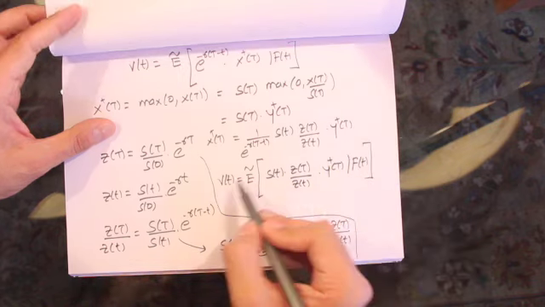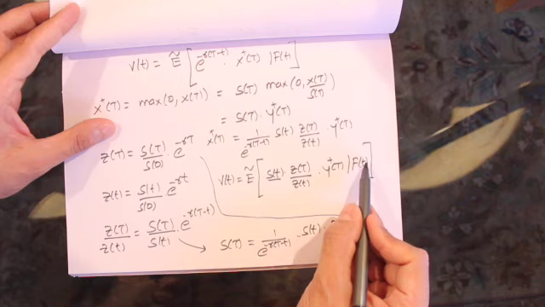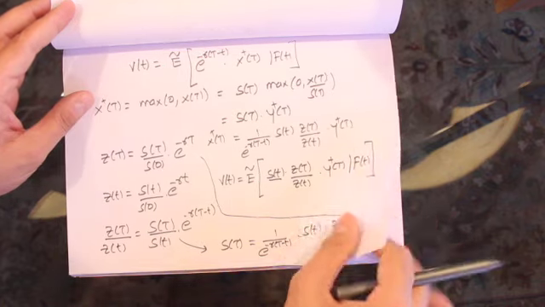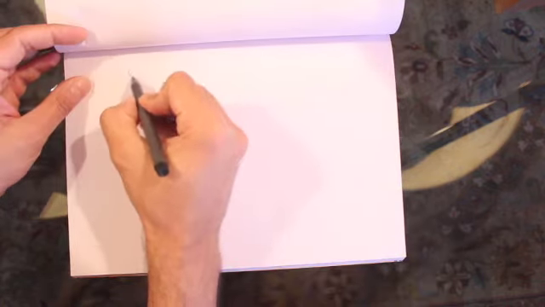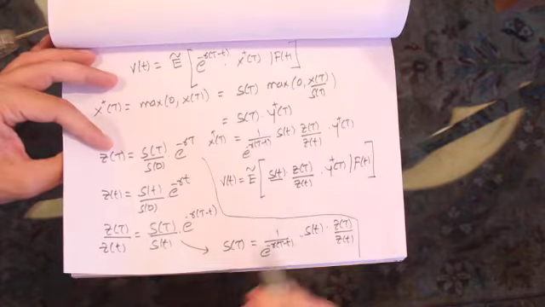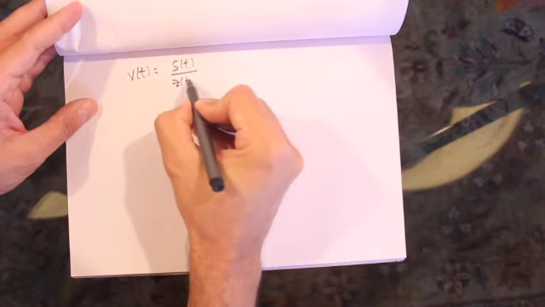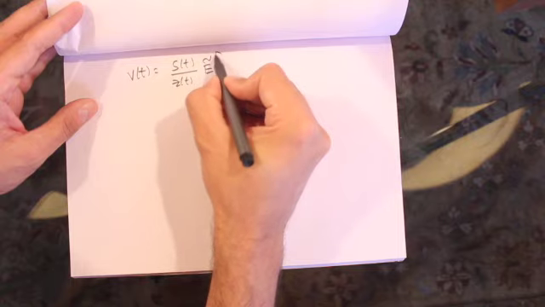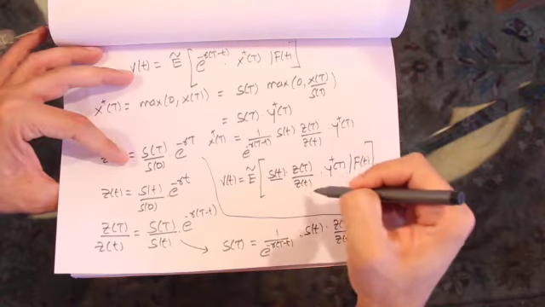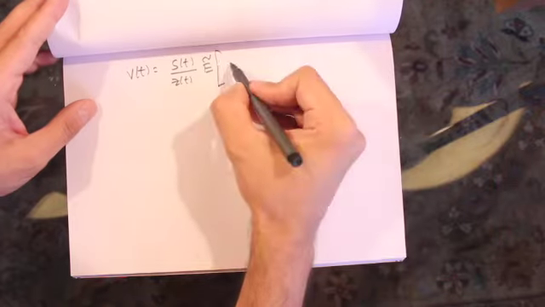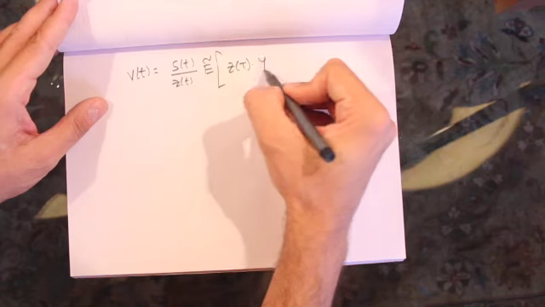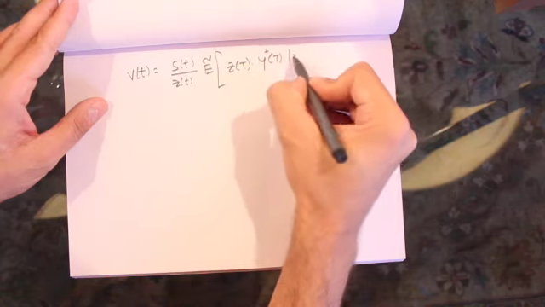Now we can take out what's known. s of small t and z of small t are known at time t, so we can take them out of the expectation. So we'll get v of t equal to s of t divided by z of t, times the expected value under the risk neutral measure of z of capital T times y plus of T, given information at time t.